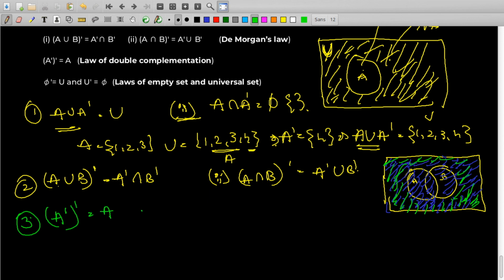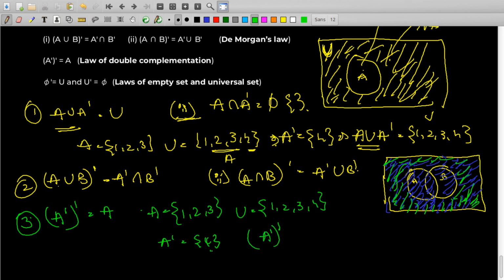Now we can prove this with an example. So if A is 1, 2, 3 and U, the universal set, is 1, 2, 3 and 4, then A complement will be equal to 4. We already saw this example, right? So what will be A complement's complement? So A complement is 4.